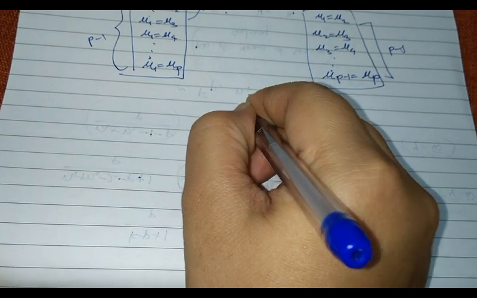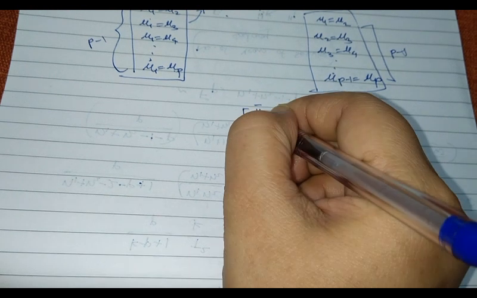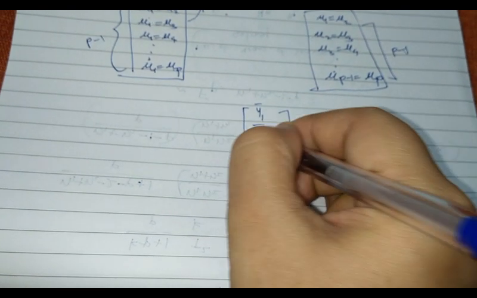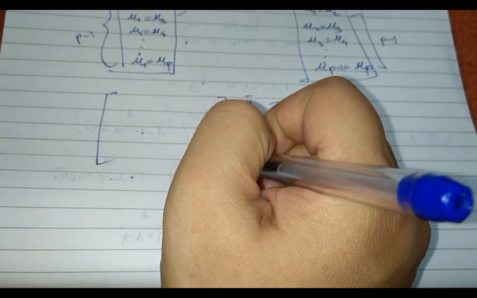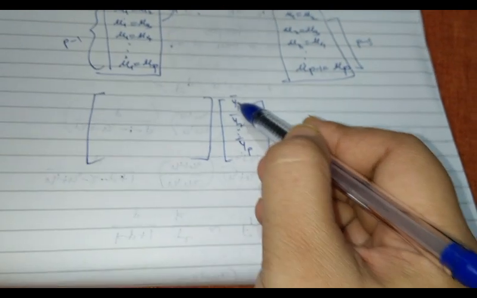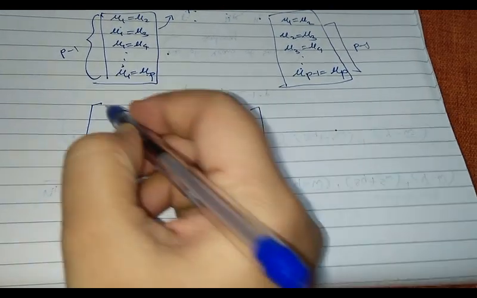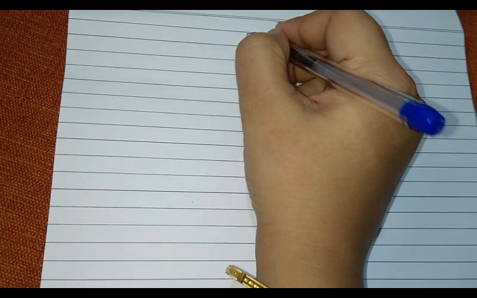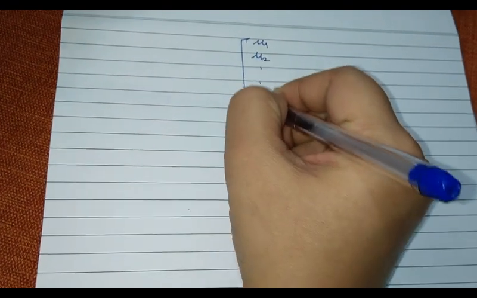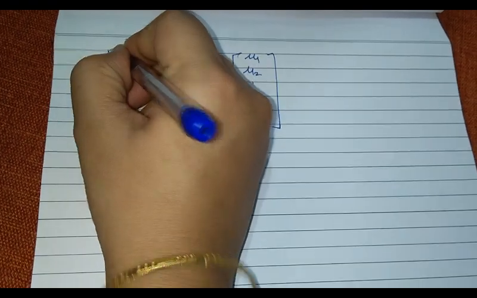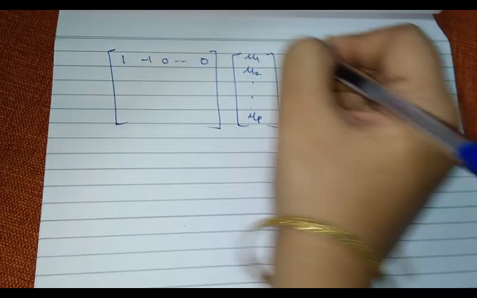So if I have y bar as y1 bar, y2 bar up to yp bar, we are going to define a new matrix. So I want mu1 equal to mu2. So I kind of want y1 bar to be equal to y2 bar. Okay, and so on. So let me write here in terms of mu. So I have mu1, mu2, mu p. So I want mu1 equal to mu2. So 1 minus 1, 0, 0, 0.